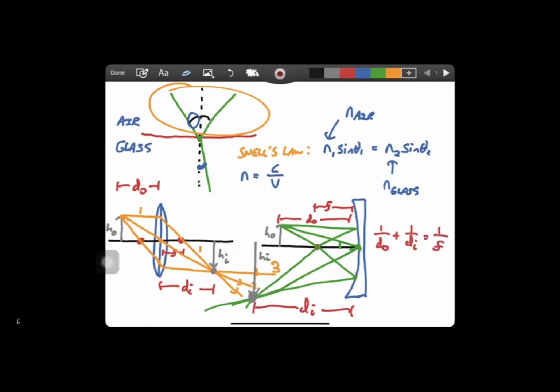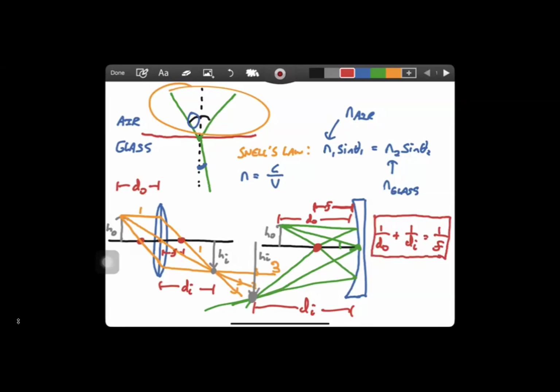And again, the focal length is the distance from the mirror to the focal point, and with lenses, it's the distance from the lens to the focal point. This equation is going to be super handy because you can imagine problems where you might be given some parameters and not others.